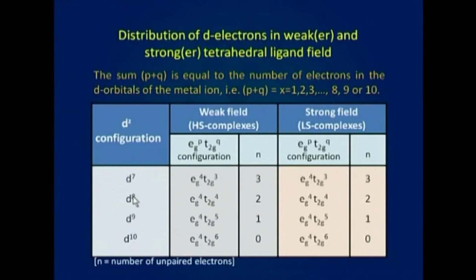For d7, d8, d9 and d10 systems, again the number of unpaired electrons for weak field, that is high spin complexes, and for strong field, that is low spin complexes, is similar because electronic configurations in both the cases are similar. In principle, both high spin and low spin configurations are conceivable for d3 to d6 for tetrahedral complexes. But with extremely rare exceptions, only high spin configurations are observed.